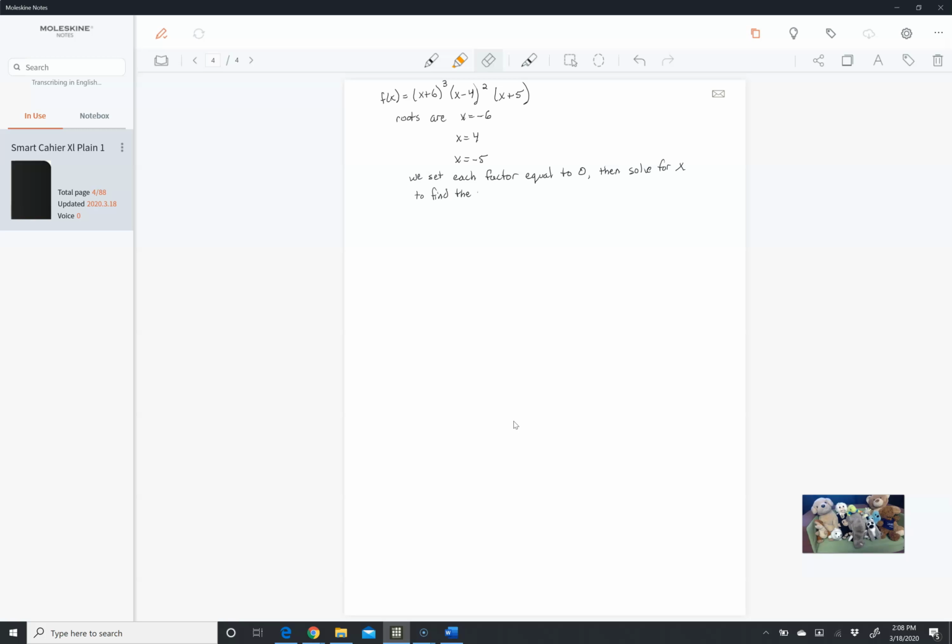Now we can find the multiplicity of each root. So if we look at x equals -6, if we look at the exponent here, it's 3.